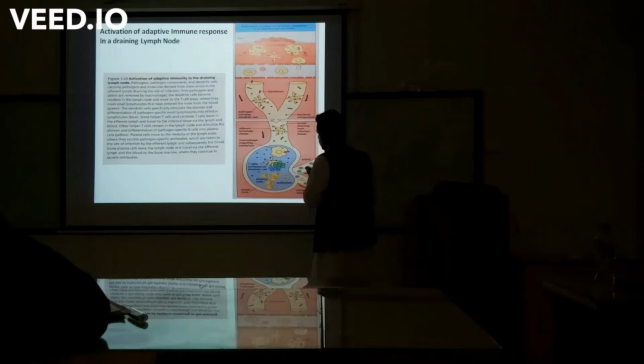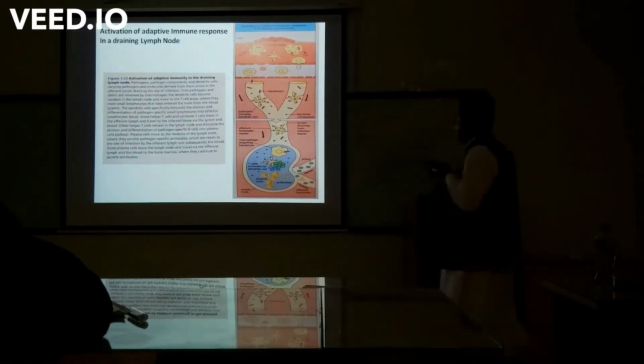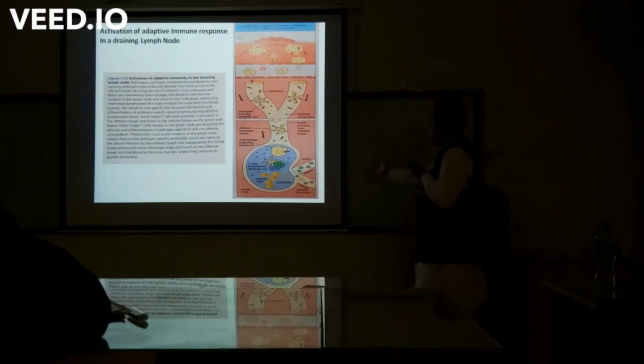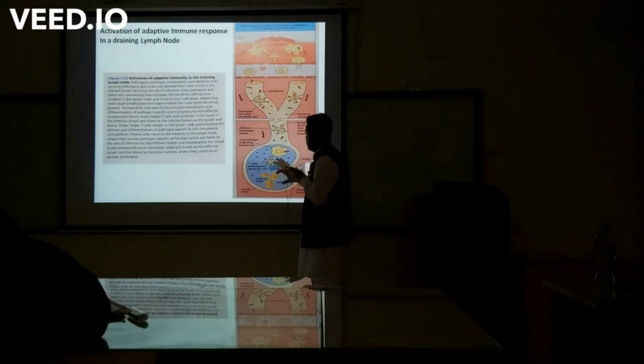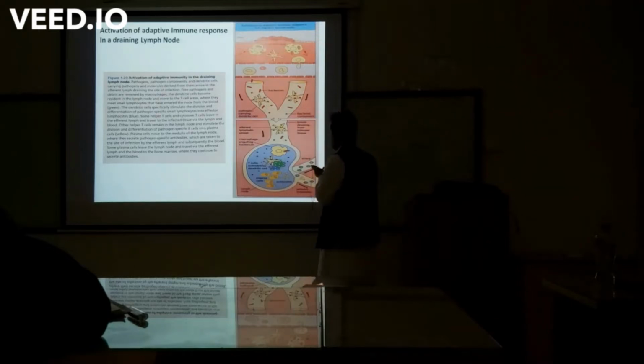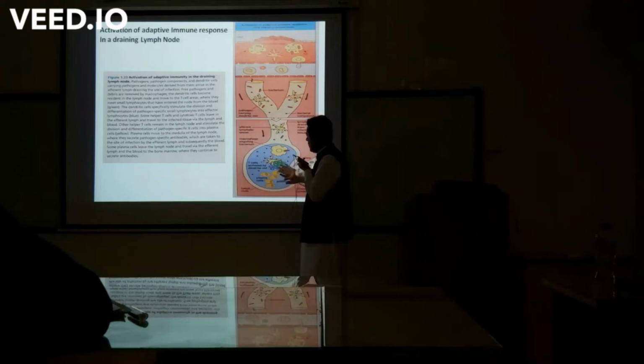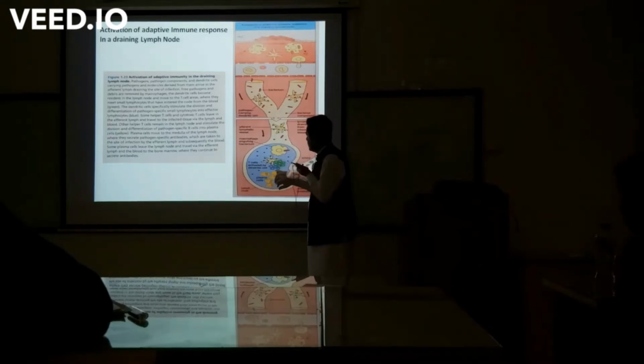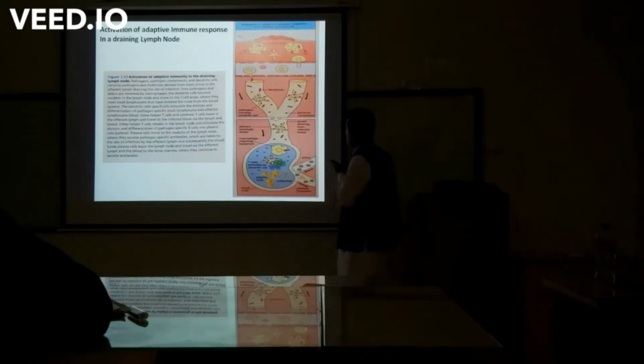And inside the lymph node, there are these cells, as I told you, the T cells and B cells. So this cell, the dendritic cell, is having some information about the pathogen, and now it is sharing this information with the B cells and the T cells, as you see here.